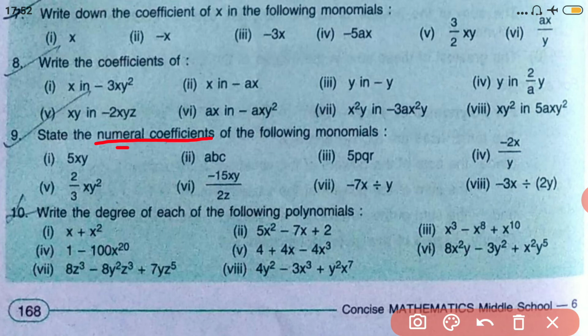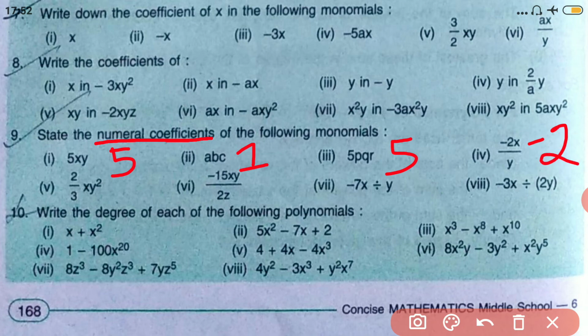So the numerical coefficient of 5xy is 5. What is the numerical coefficient of abc? It should be 1, because there is no number. What is the numerical coefficient of 5pqr? It should be only 5. What is the numerical coefficient of minus 2x upon y? It should be minus 2.